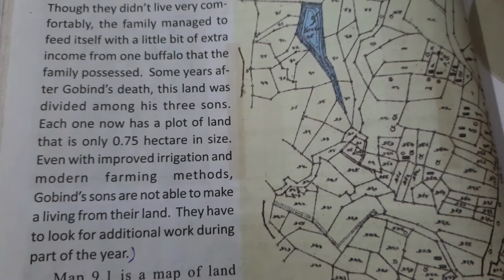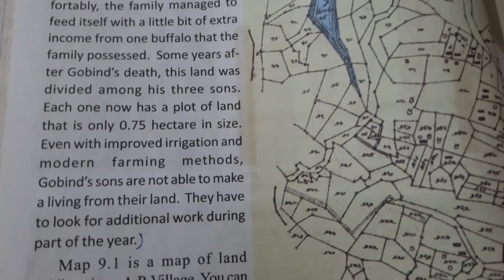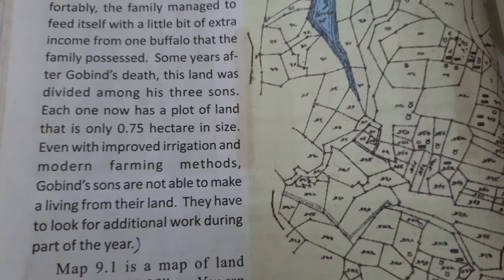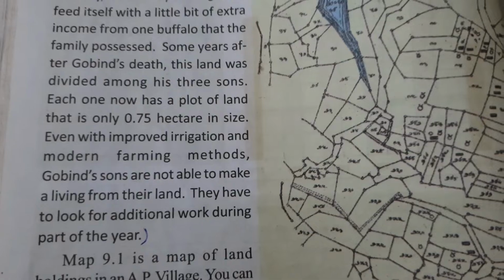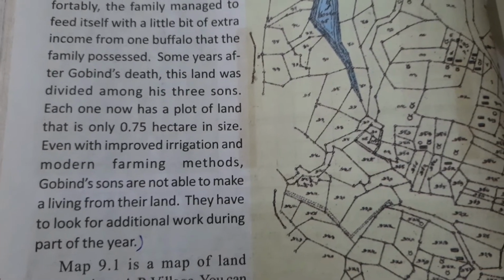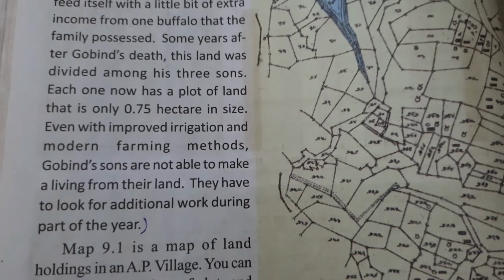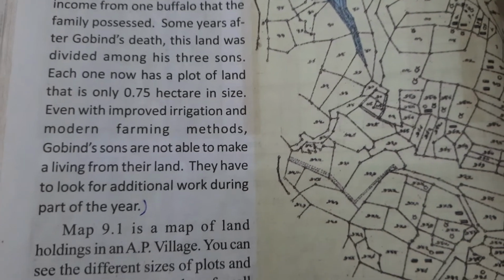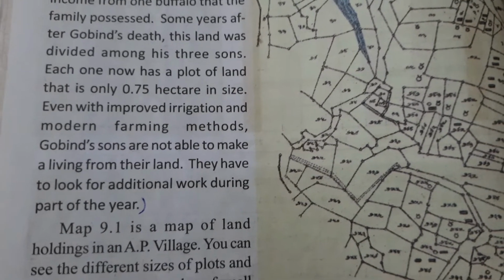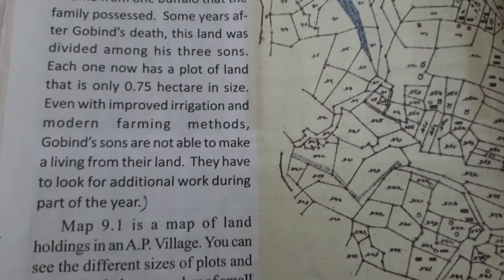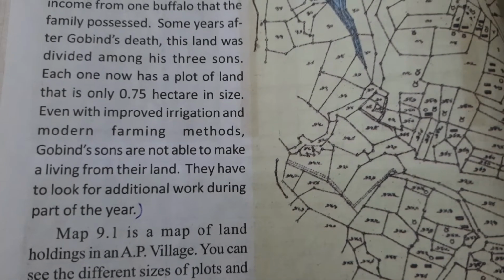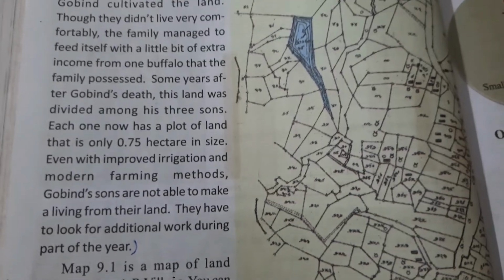Some years after Govind's death, this land was divided among his 3 sons. Each one now has a plot of land. This is only 0.75 hectares in size. Even with improved irrigation and modern farming methods, Govind's sons are not able to make a living from their land. They have to look for additional work during part of the year.